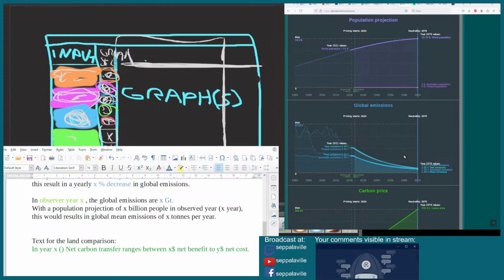If you are from Kenya or something, you would get like $300 per year from this system, which in my calculations is quite a usual number. So that would help you quite a lot with your carbon payments.